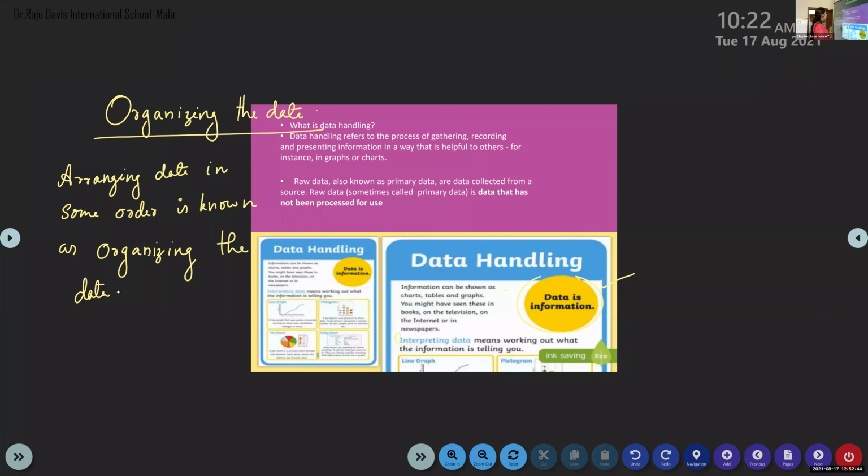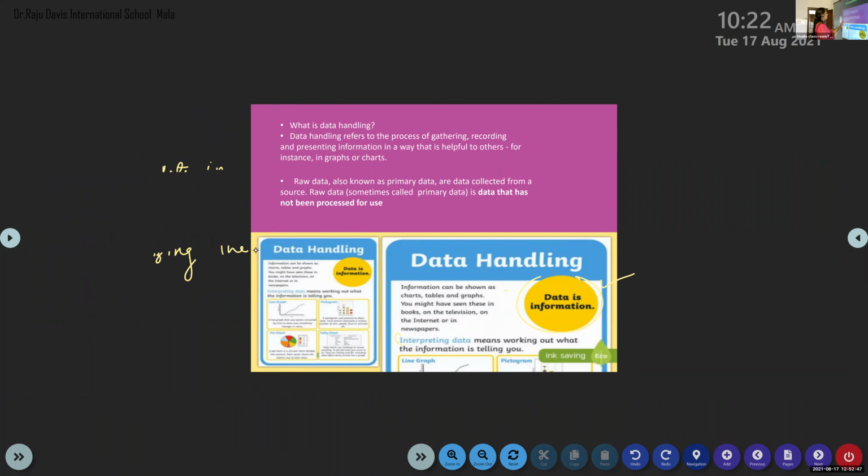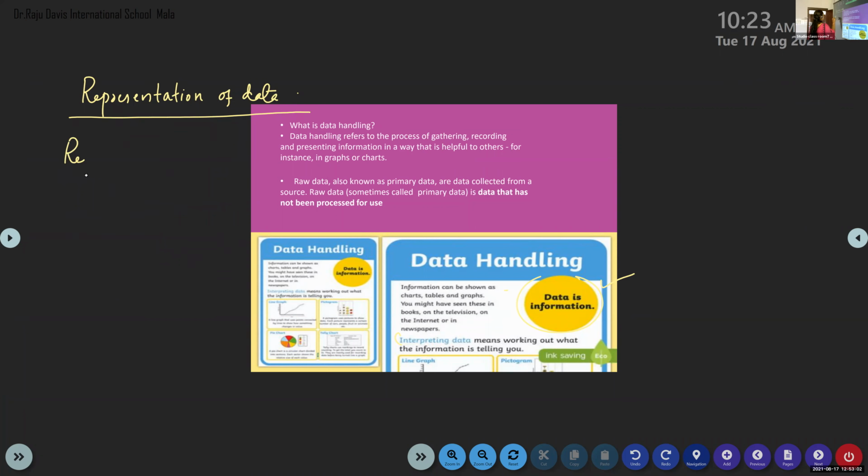Okay, children. Next heading, representation of data. Representing the data can be done in many ways.